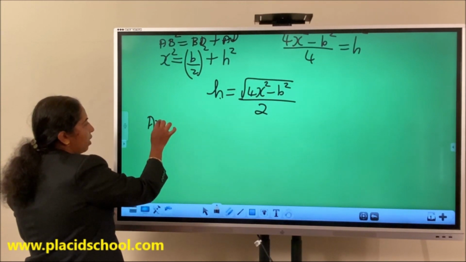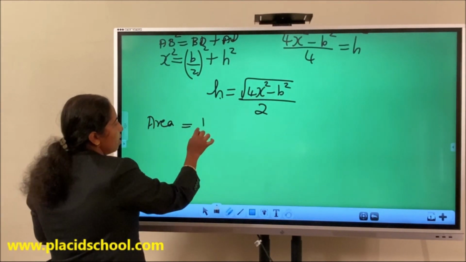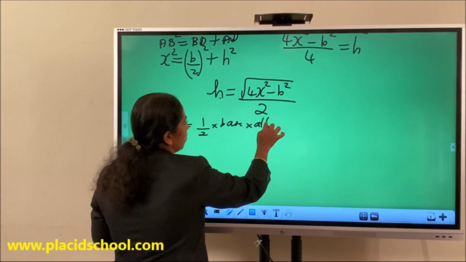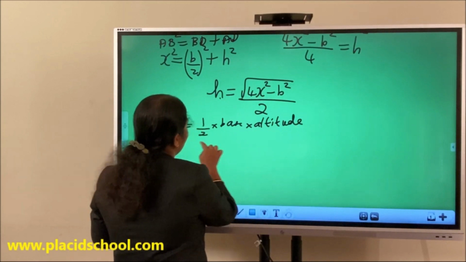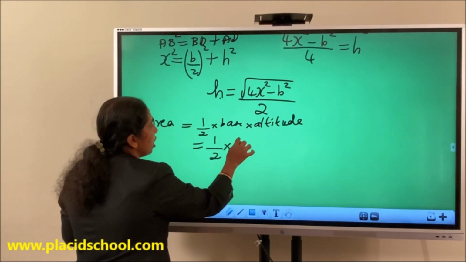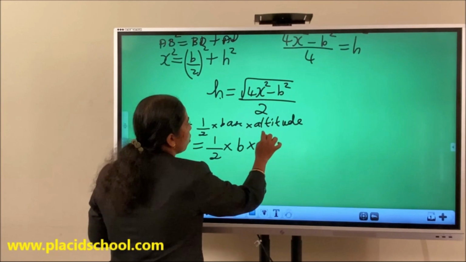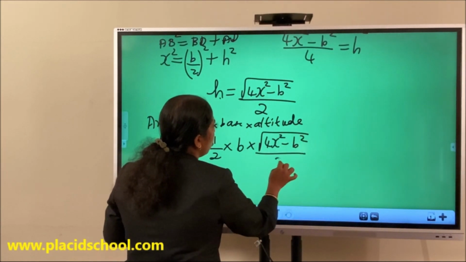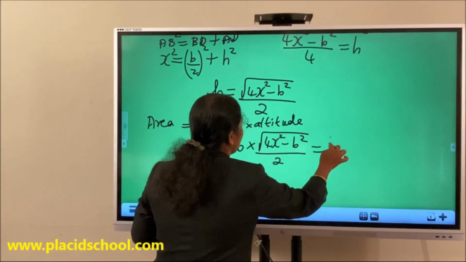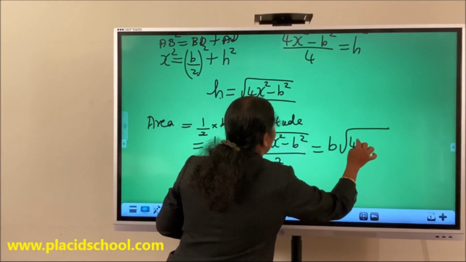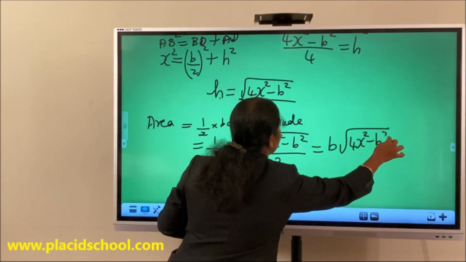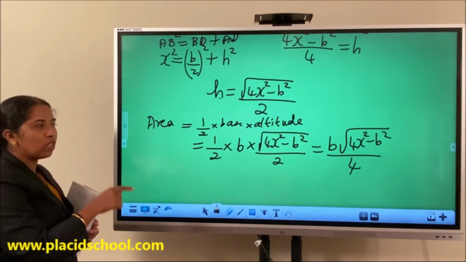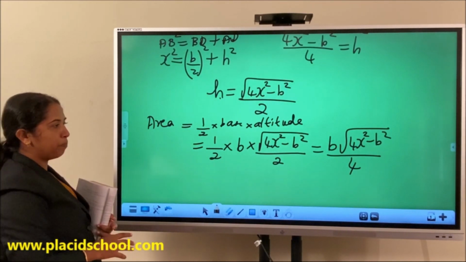Now area of the given isosceles triangle is half into base into altitude, which is half into base b into altitude, root of 4x square minus b square the whole divided by 2, which is b into root of 4x square minus b square by 4. Now we have to find the rate of change of this area with respect to time.